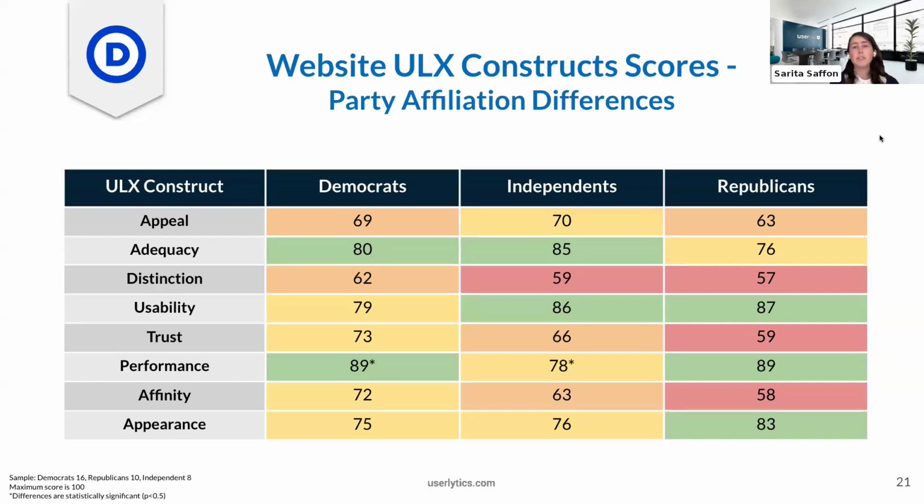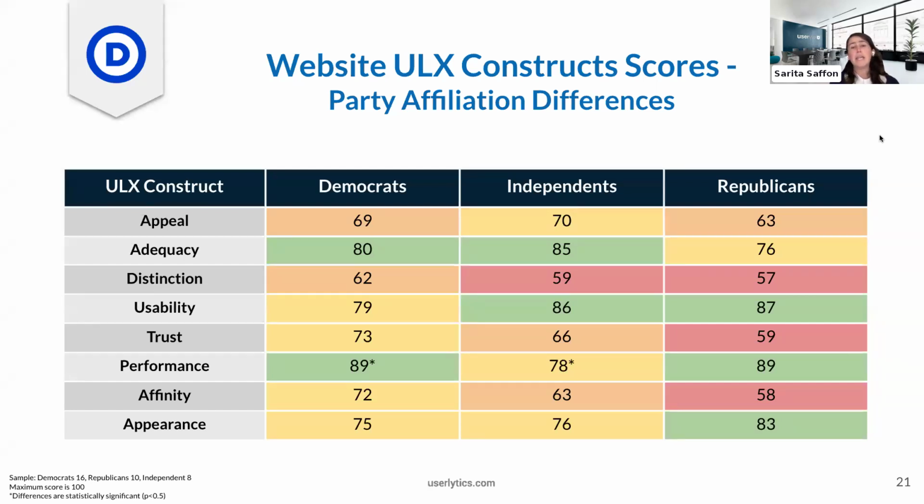However, none of those differences were statistically significant between the Republicans and the Democrats or the Republicans and independents. It was only statistically significant in one of those constructs when looking at the Democrats versus the independents, where the Democrats gave their website a significantly better performance score than the independent group. But this again could be due to the sample size and would have to be confirmed in a full study.